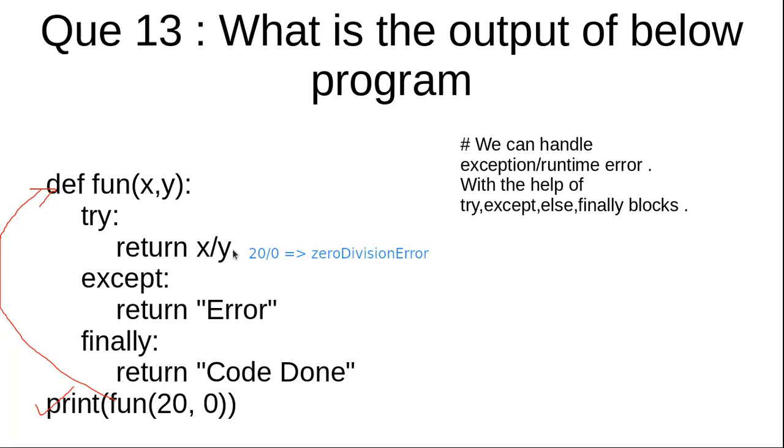If the finally block has a return statement, then the other return statements will not work. The try return statement will not work, and the except return statement will not work.